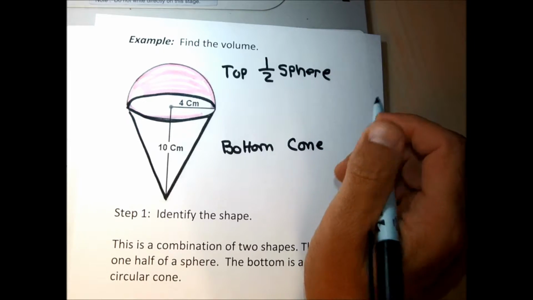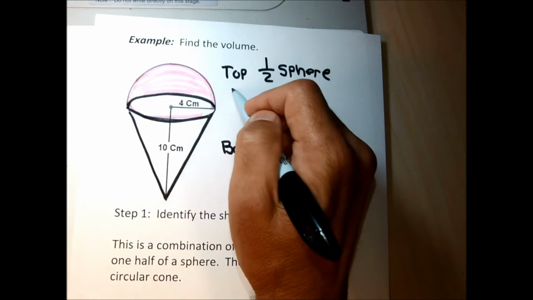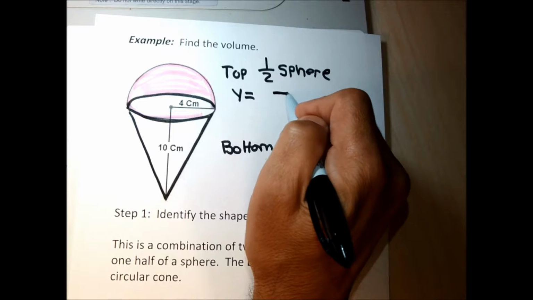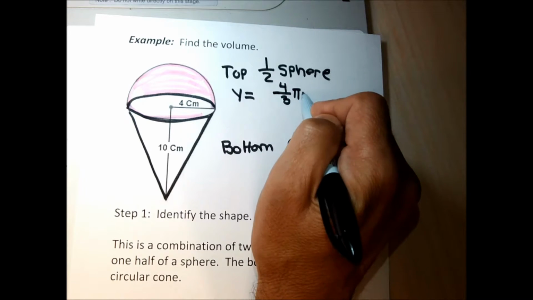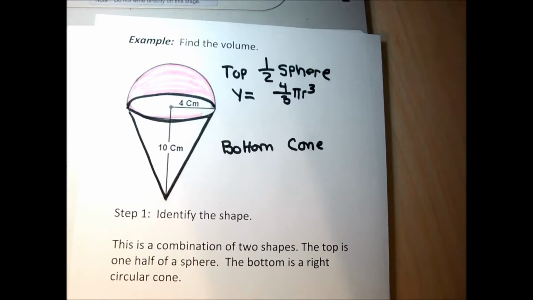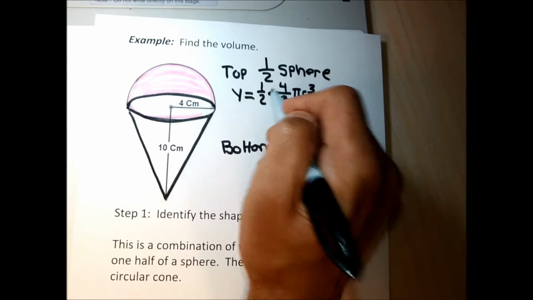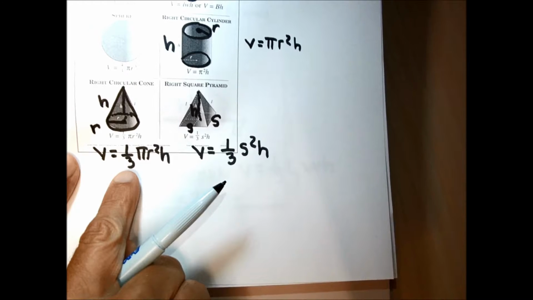In general, the volume for a sphere is 4/3 pi r cubed. That would be for an entire sphere. I need to do half a sphere, so I need to take that volume formula and multiply it by a half. For a cone, the volume formula is 1/3 pi r squared h.